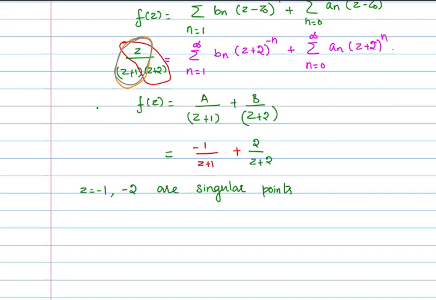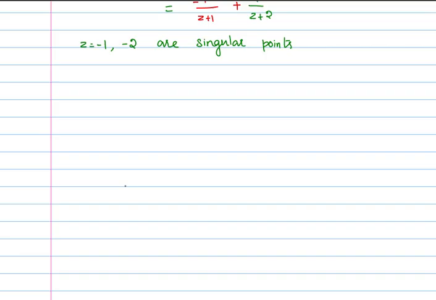I want to draw the circles with center minus 2. So I will draw this: this is the y axis, this is my x axis.